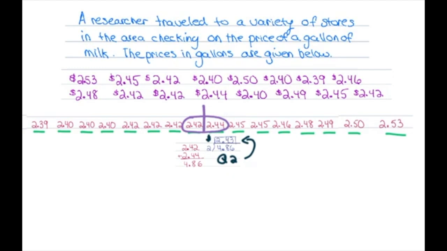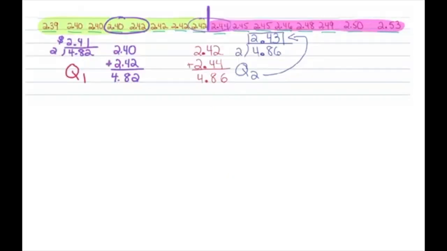Had there been 1 number in the middle of my data set, I would have not included it when finding Q1 or Q3. My 2 middle values in my lower set are $2.40 and $2.42. So I'm adding $2.40 plus $2.42 to get $4.82. And now I'm dividing by 2 to get $2.41.